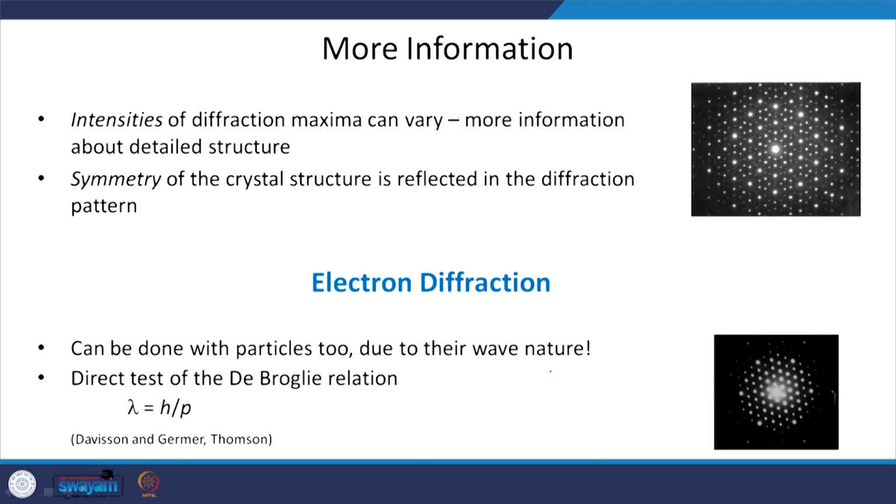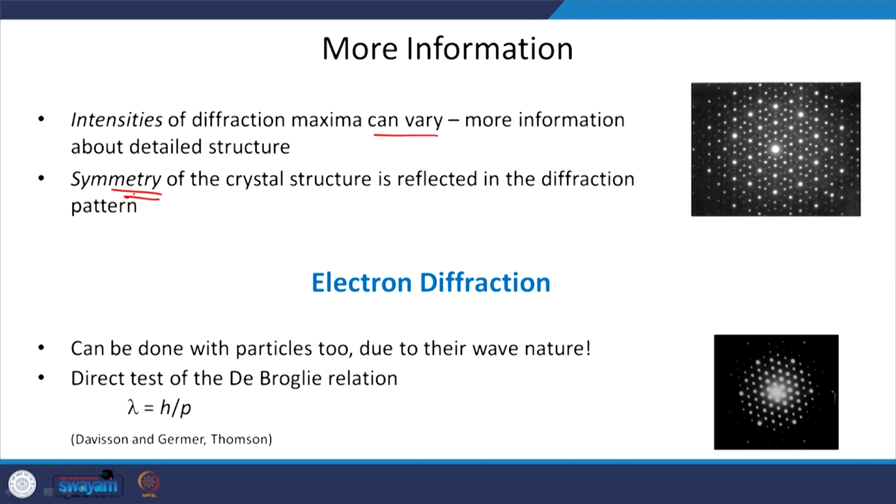The intensities of diffraction maxima can also vary, and that gives more information about the detailed structure. We will come to that. The symmetry of the crystal is also reflected in the diffraction pattern.